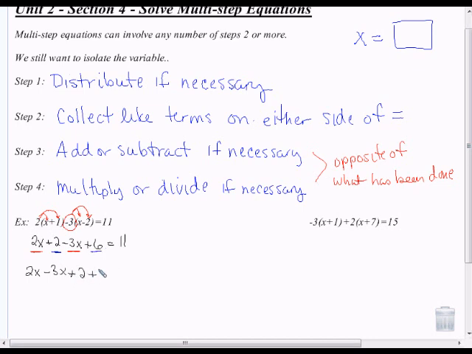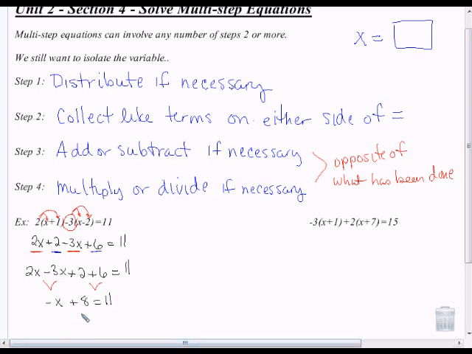So plus 2 plus 6 equals 11. Now I'm going to go ahead and combine these terms. And so I get -x plus 8 equals 11.